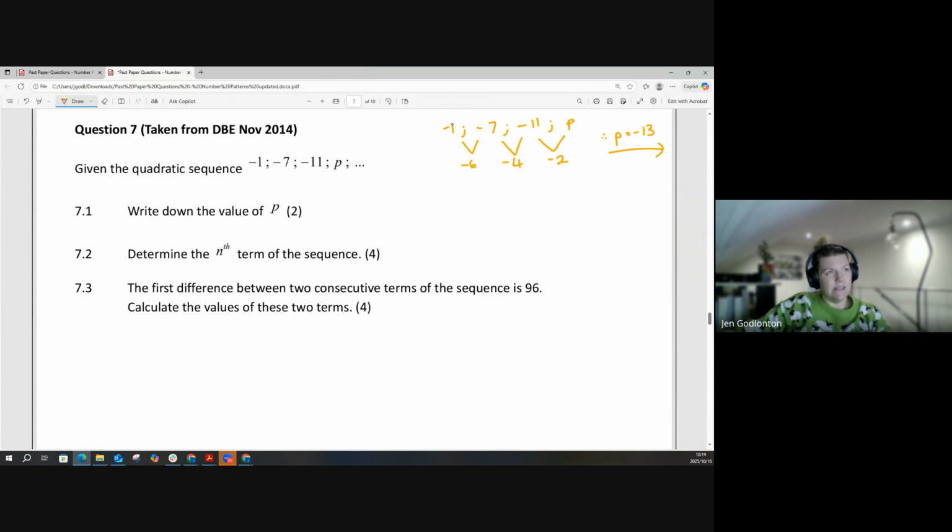So write it out like this. P minus negative 11 needs to equal negative 2. So P plus 11 needs to equal negative 2. Therefore, P is equal to negative 13.